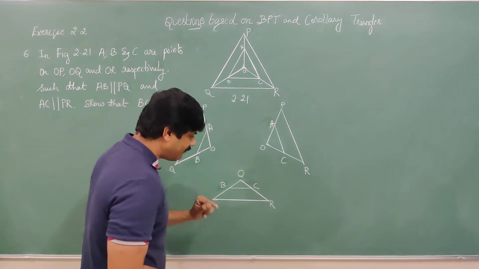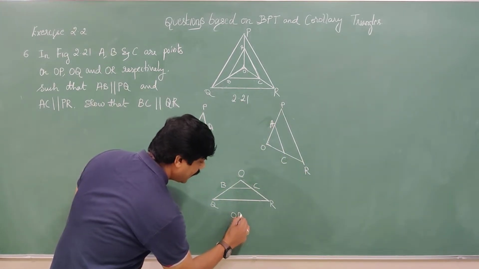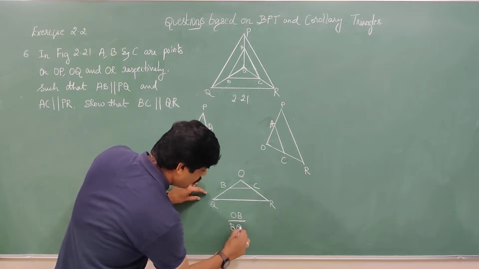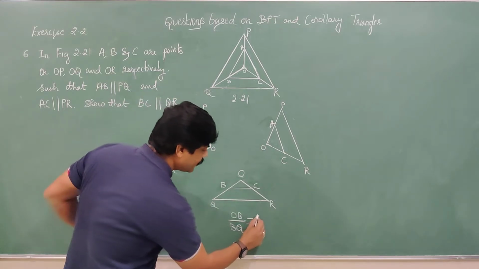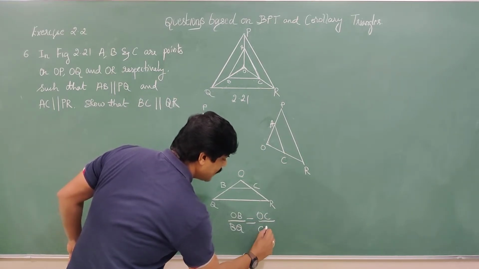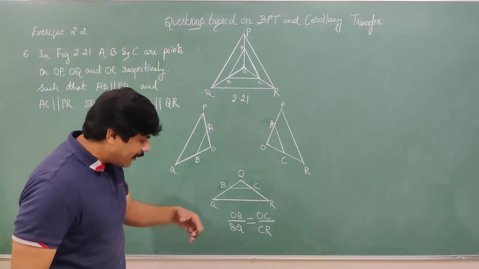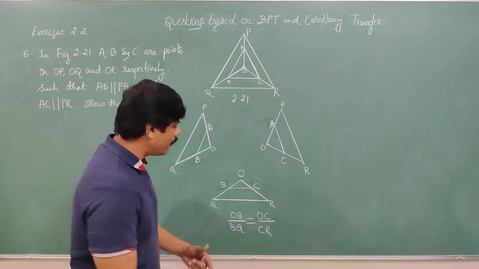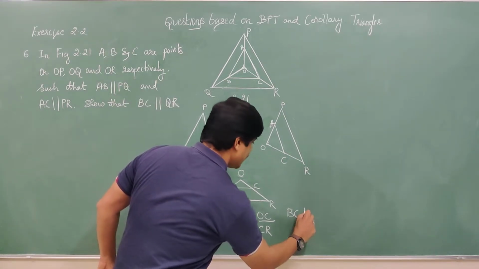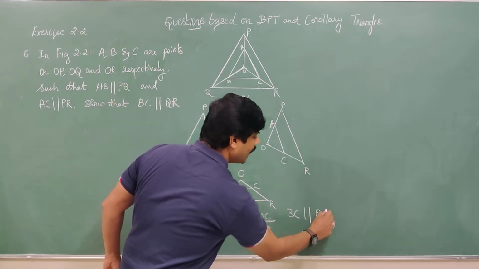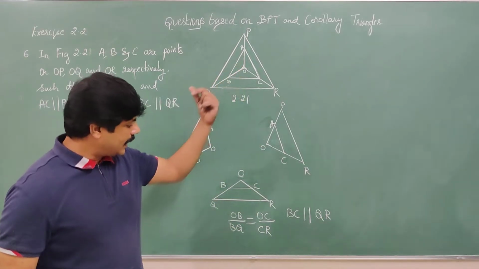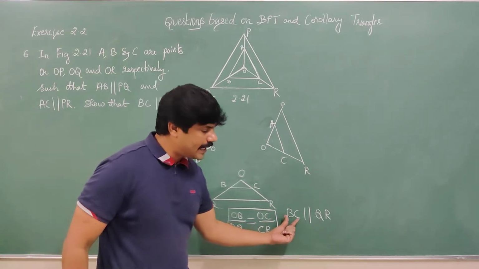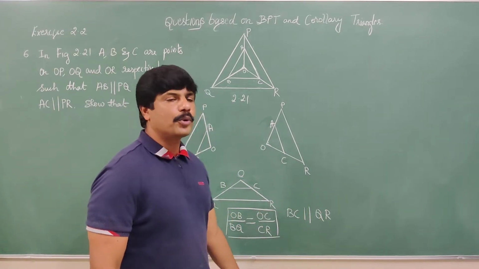So if we prove OB by BQ is equal to OC by CR, we have proved BC is parallel to QR, by the converse of BPT. How do we prove it? We'll see that.